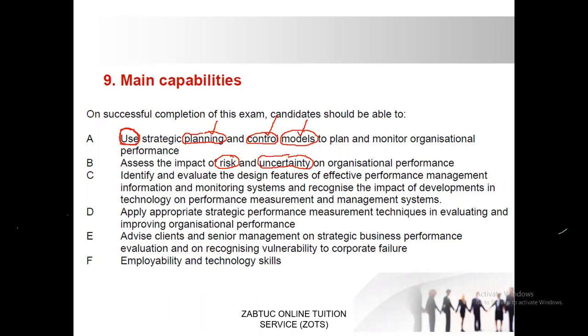So the point is, assess the impact. You must be able to assess upfront the impact of risk and uncertainty on our organization performance. So upon completion, people who pass this paper must be able to tell us how we assess and manage risk and uncertainty, because risk and uncertainty are key variables that may influence our organization performance.